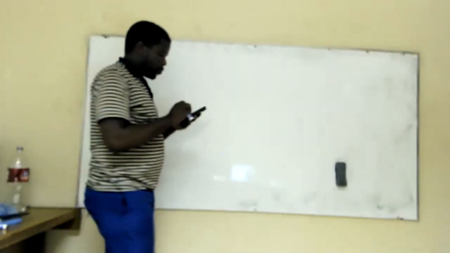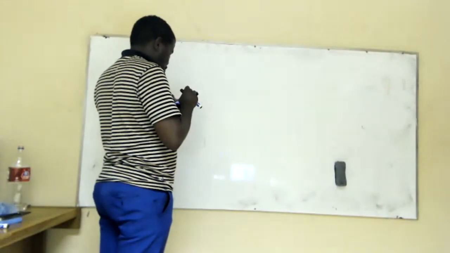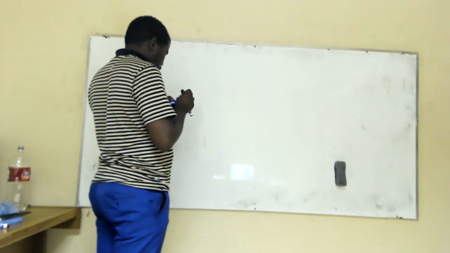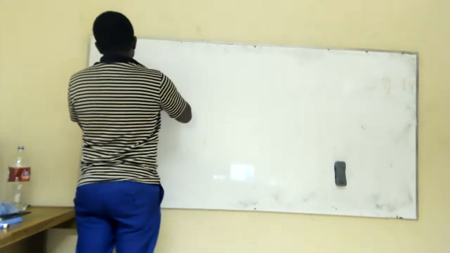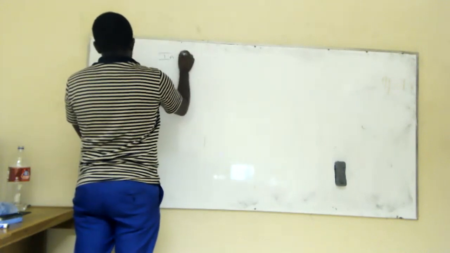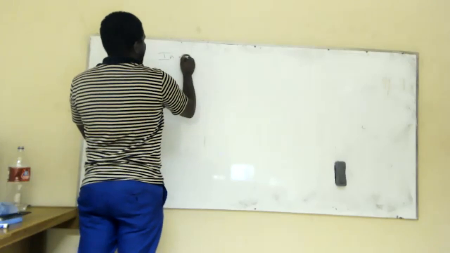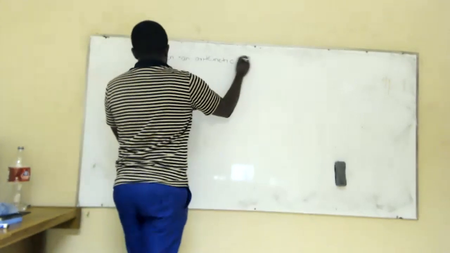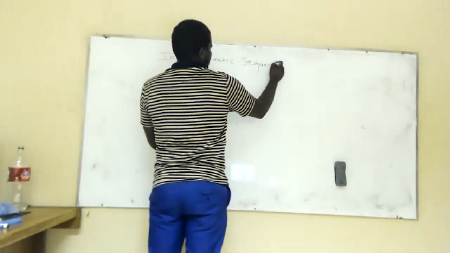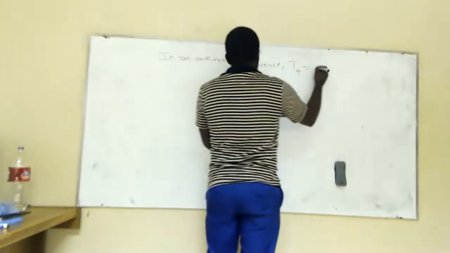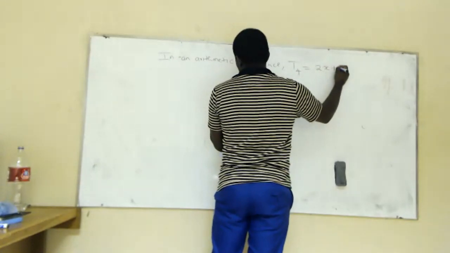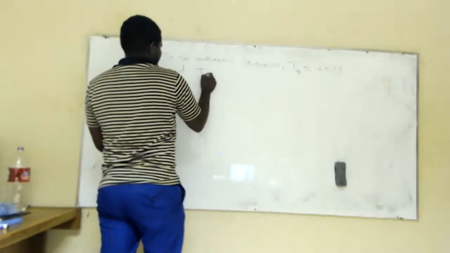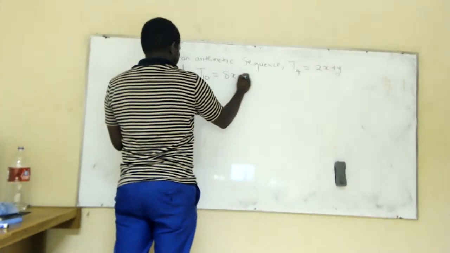Okay, let's go to question number 2. This question is about an arithmetic sequence. We are told that in an arithmetic sequence, term number 4 is given by 2x plus 1 and term number 10 is given by 8x minus 2y.